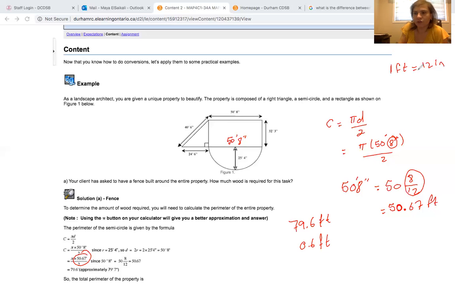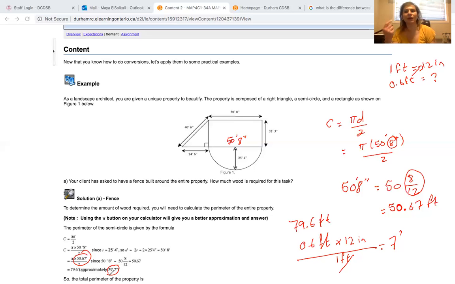Because 1 foot is 12 inches, I have 0.6 of a foot. So I take 0.6, multiply it by 12, and divide by 1. That gives me about 7 inches. That's why they're reporting it as 79 feet and 7 inches instead of 79.6.